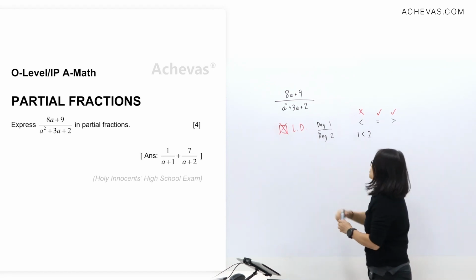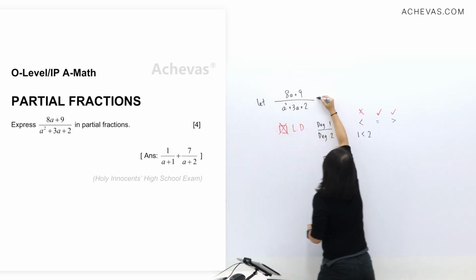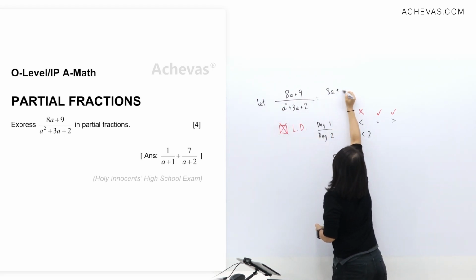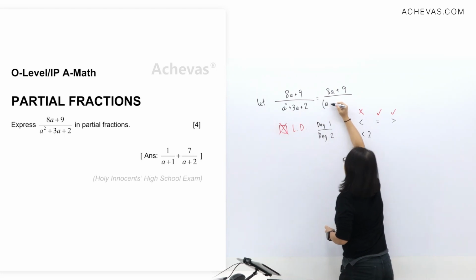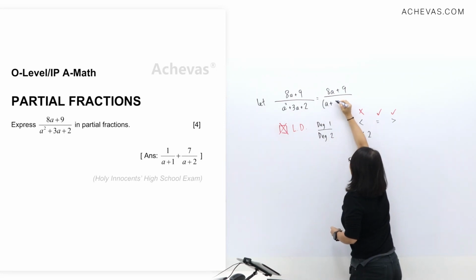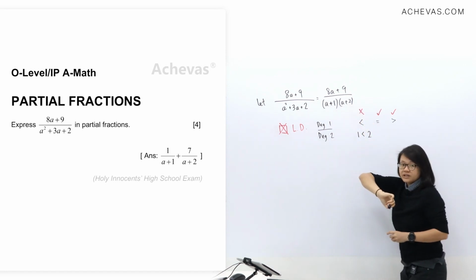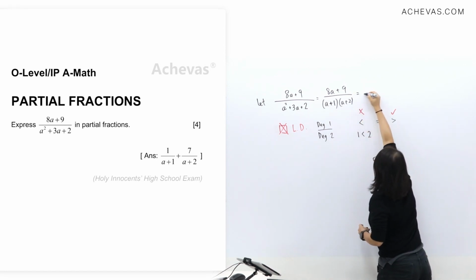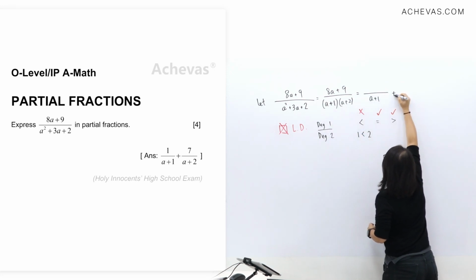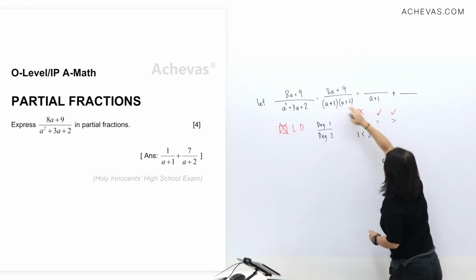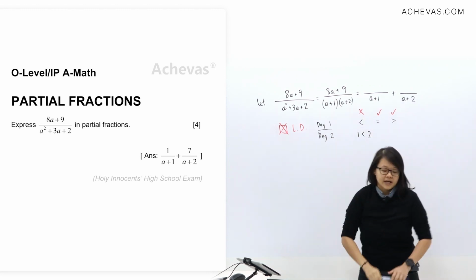Now, let's express the denominator in factorized form. I'm going to factorize this quadratic expression into (a + 1)(a + 2), and split this into partial fractions. The first one has denominator a + 1, and the second has denominator a + 2.